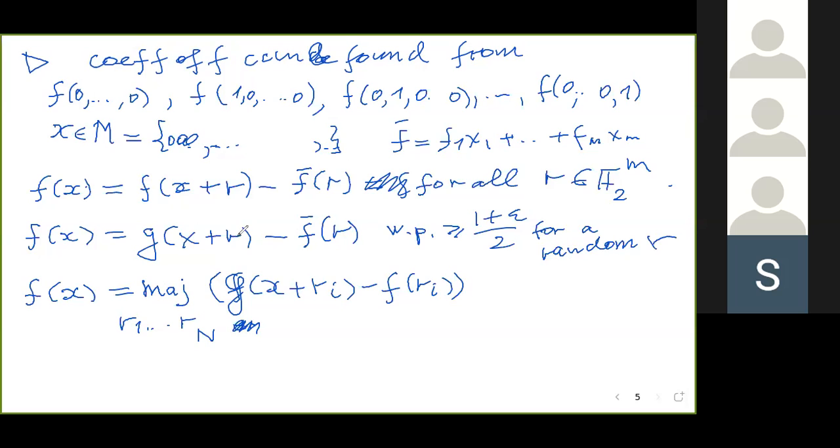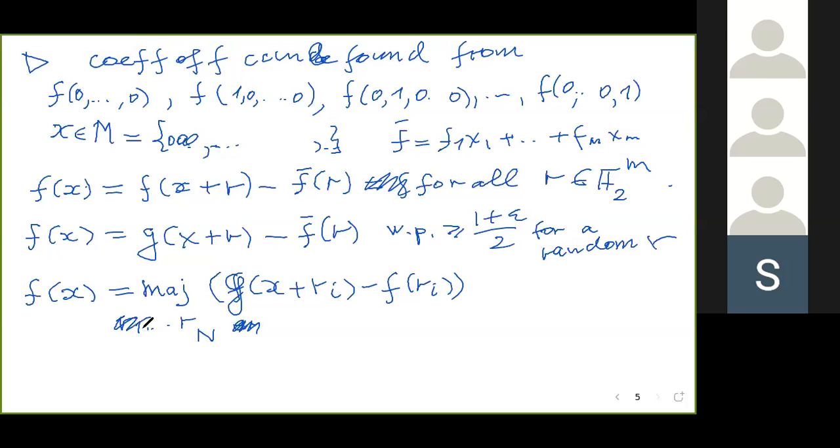That means that if we choose, say, capital N of r's, then with high probability, among them, the fraction of r's for which this equality is true is close to the probability of these events, which is at least 1 plus epsilon over 2. So the majority vote will, with high probability, output the correct answer. More precisely, this is true when r1, ..., rn are chosen.